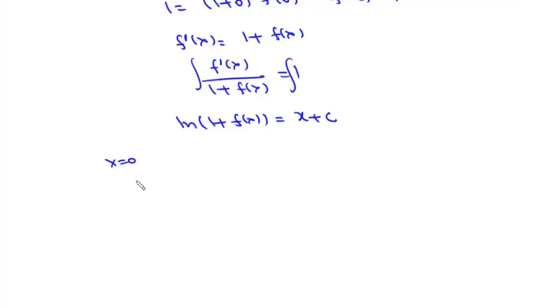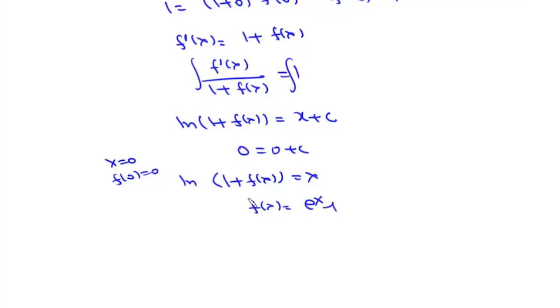Now when x is 0, f(x) is 0, so it will be log 1. So the value of c is 0. So from here we can say log of 1 plus f(x) equals x, or this f(x) is simply e to the power x minus 1. So our function f(x) is e to the power x minus 1.